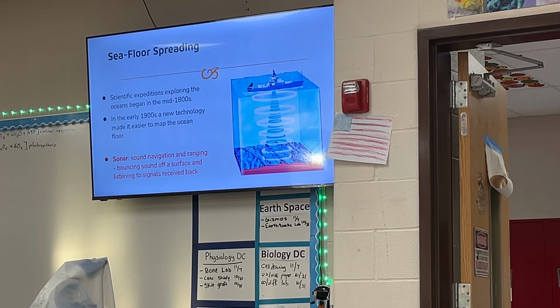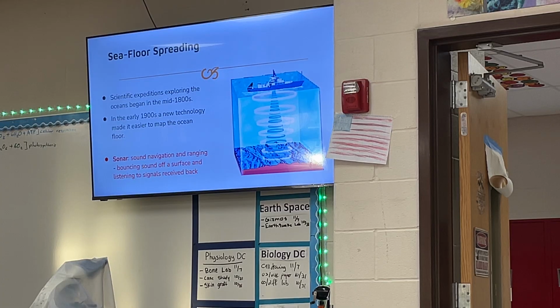So we talked about convergent and divergent and transform, where the plates are kind of interacting. And most of the divergent, or the coming apart of the plates, is underneath the ocean. So scientists figured this out by exploring the seafloor. And sonar is one way that they did this.